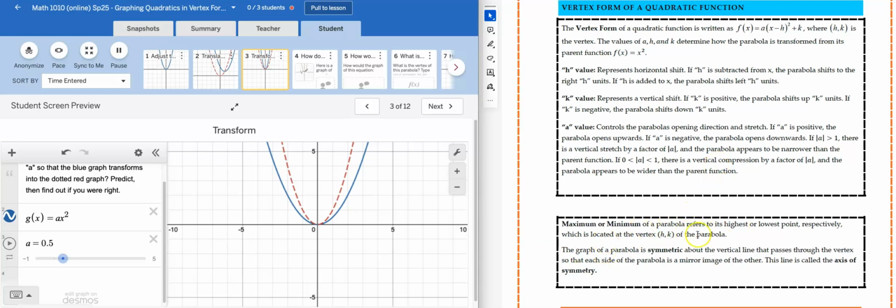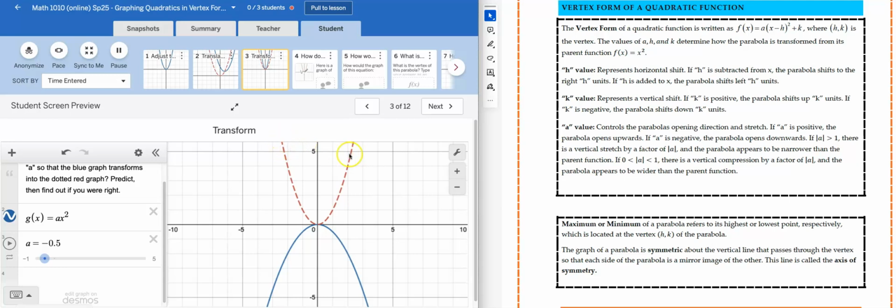The other thing that I want to talk a little bit about, and we'll talk more about it in the next section, is this maximum and minimum. Let me change this again so you can see it's upside down here. If we have this right side up parabola, this red one, does this have a maximum or a minimum?